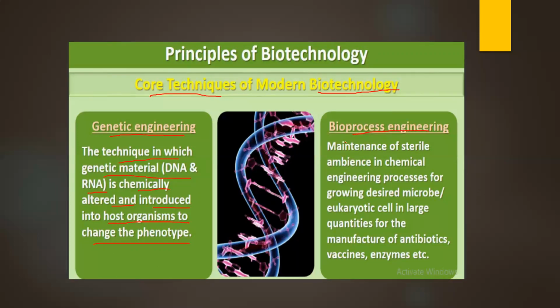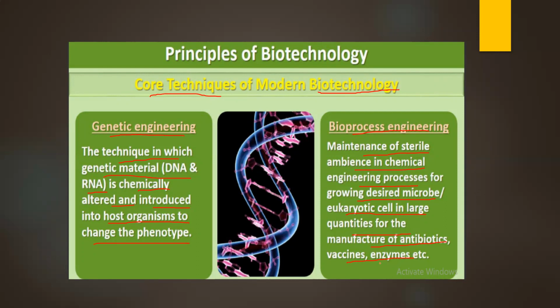The second core technique is bioprocess engineering, that is maintenance of sterile ambience in chemical engineering processes for growing desired microbes or eukaryotic cells in large quantities for the manufacture of antibiotics, vaccines, and enzymes. As I just told you, in the process of biotechnology we produce enzymes, vaccines, and antibiotics.